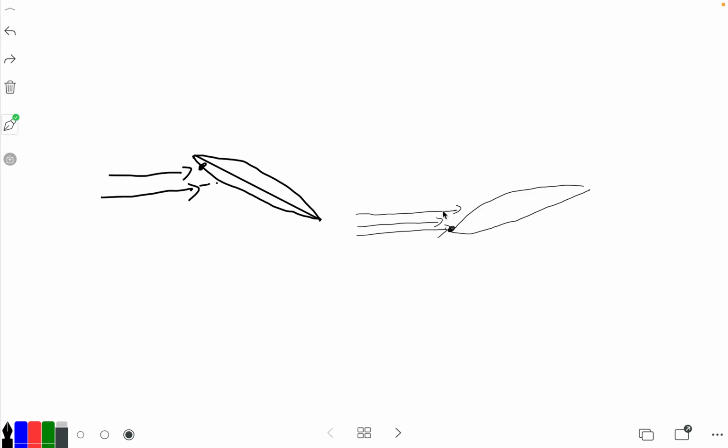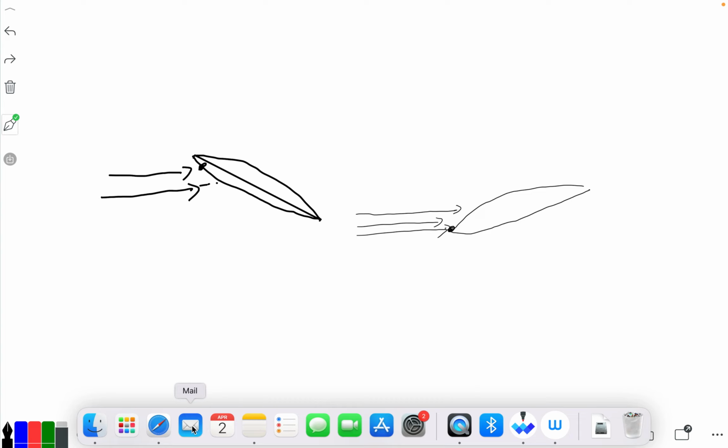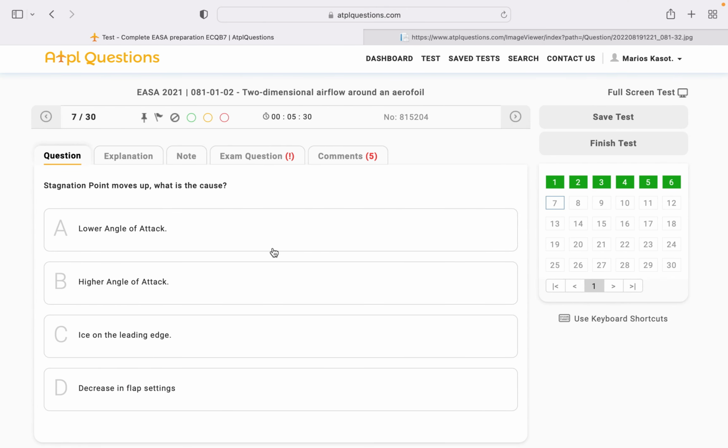So we have a negative angle of attack right here. Lower angle of attack.